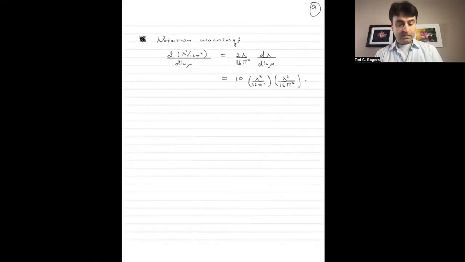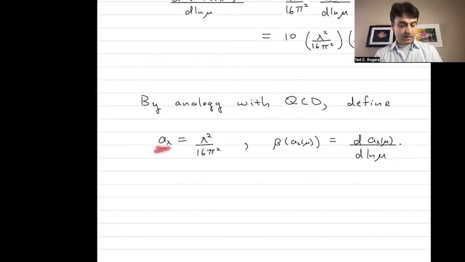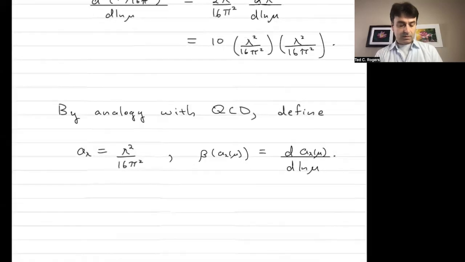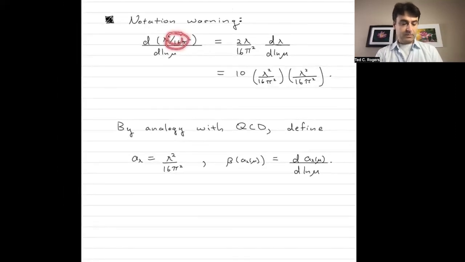So I plug that in there, the 5 becomes a 10, and I get 2 powers of lambda squared over 16 pi squared. So what I'm going to do is define a subscript lambda to be lambda squared over 16 pi squared, and beta without the bar on top of it will be the derivative of a with respect to log mu. So the derivative of this thing with respect to log mu.